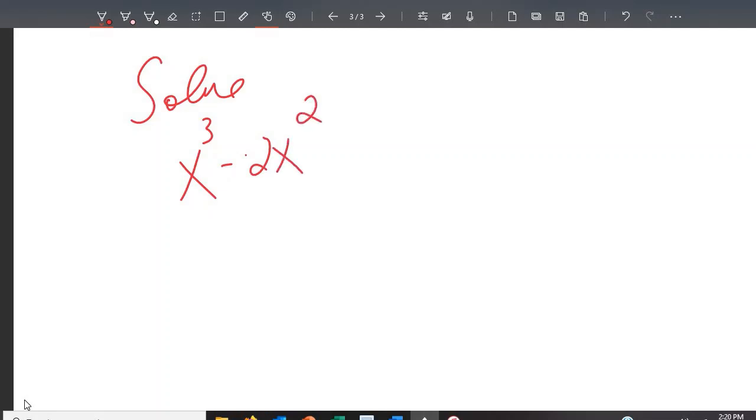Now, suppose I gave you this. I said solve x cubed minus 2x squared minus 7x minus 4 equals 0.